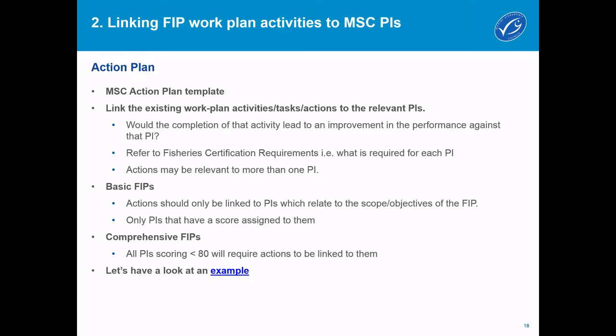If it wouldn't have any bearing on the scoring or performance against that performance indicator, then there would be no link. Essentially, can you reasonably predict a change in score, or at least an improvement towards a change in score for that PI and the requirements under its scoring issues?